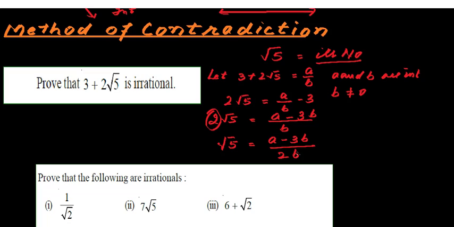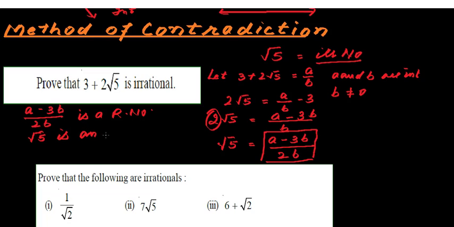If a and b are integers, then this number is again rational number. So you have to state a minus 3b upon 2b is a rational number, and on the other hand √5 is an irrational number.